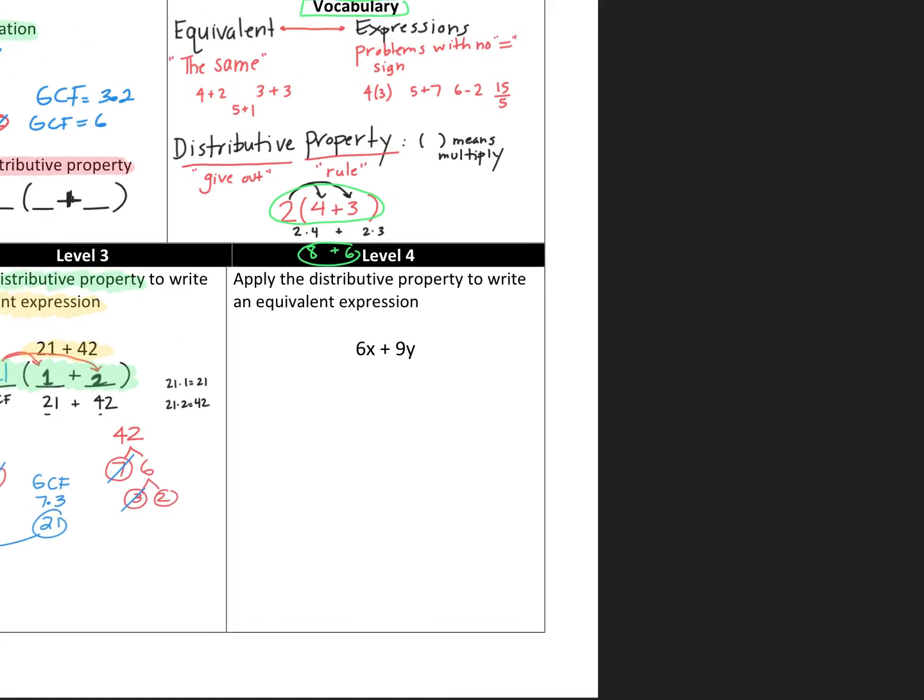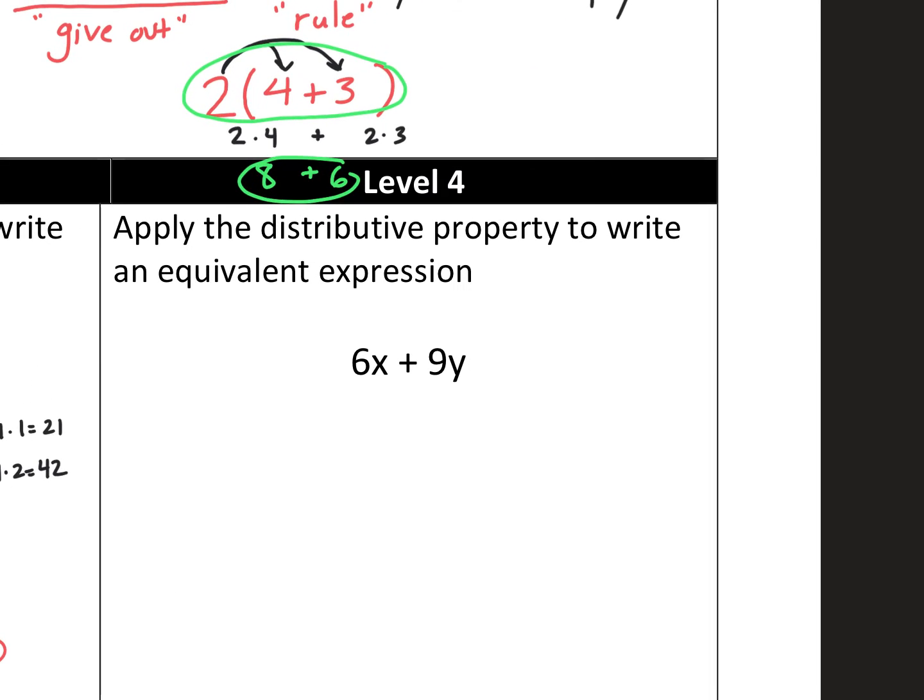All right, let's do the last one. Apply the distributive property. Boom, I see distributive, to write equivalent expressions. So I know I need distributive, so I right away start drawing parentheses like that.